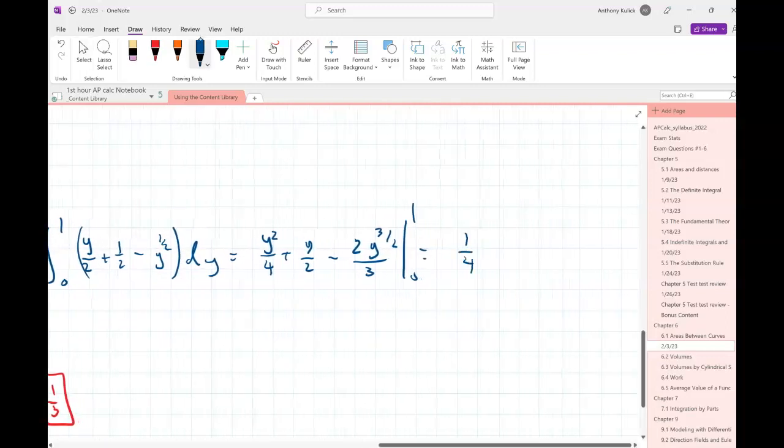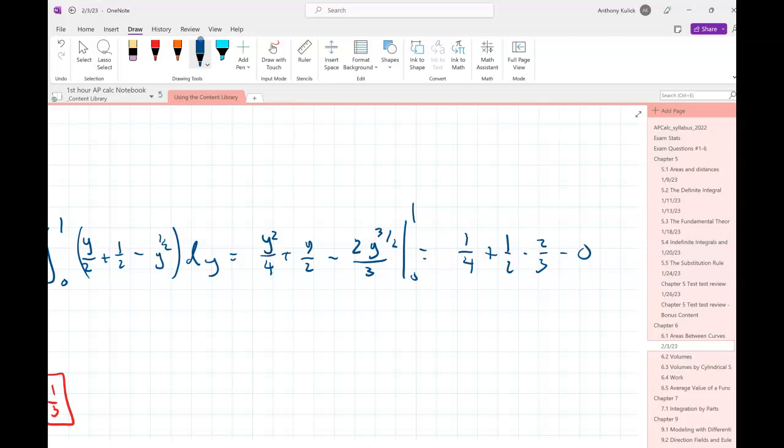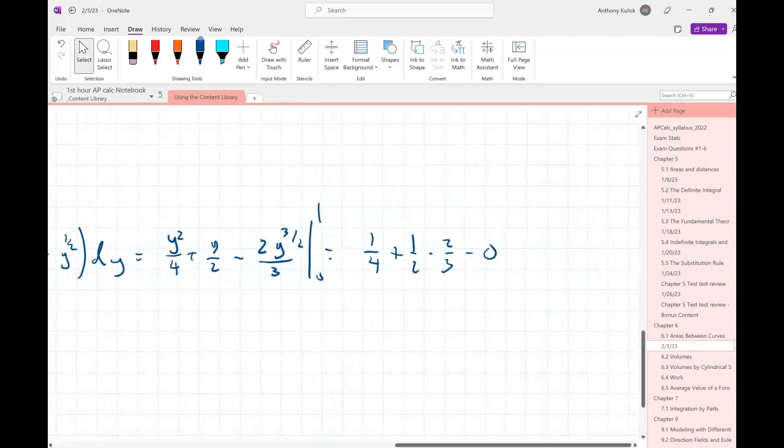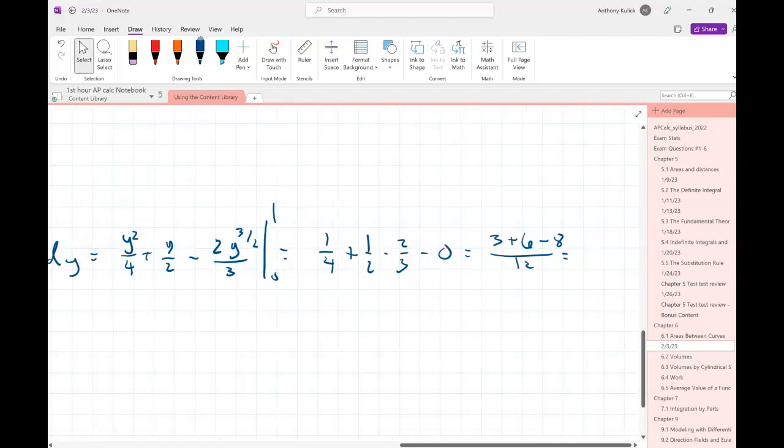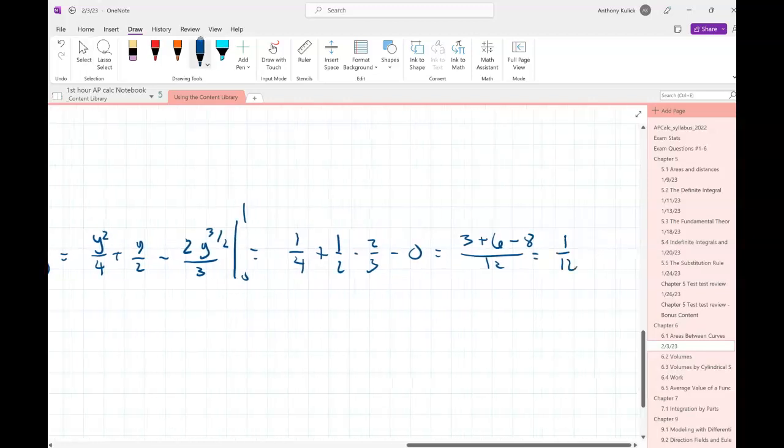So I have 1/4 plus 1/2 minus 2/3, and then all minus 0. Common denominator would be 12, so 3 twelfths plus 6 twelfths minus 8 twelfths is 1/12. So there we go.